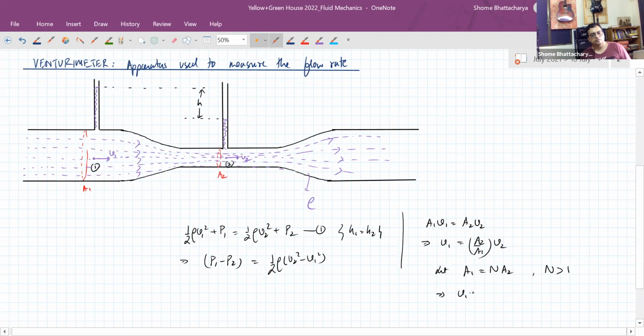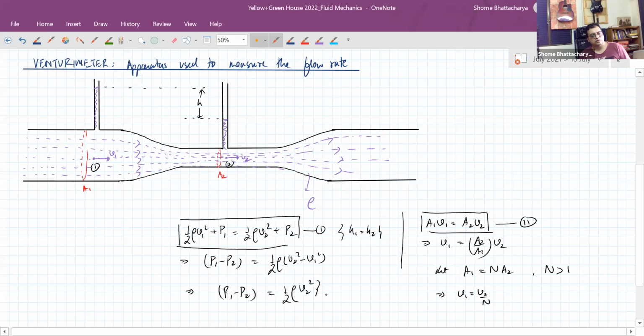So then V1 becomes V2 by n. So this is our second equation, the continuity equation. Our first equation was Bernoulli's equation. So making use of this, we can see that this pressure difference is half rho V2 square into 1 minus 1 by n square, because V1 is equal to V2 by n.